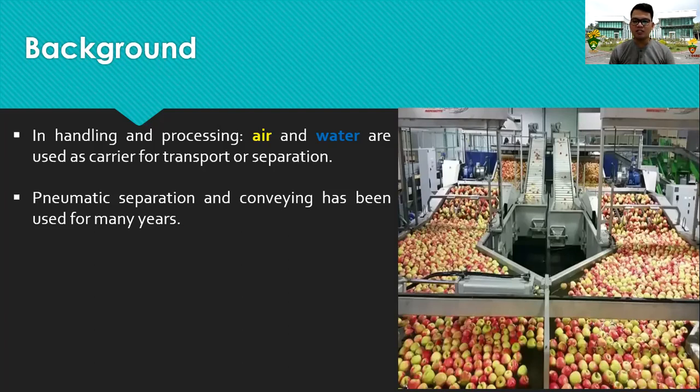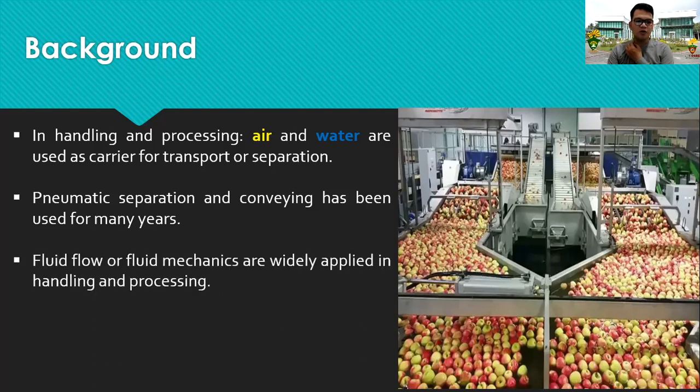After washing, they will be segregated and classified according to size or shape, and then air dried. What is applied in the air drying is heated air. So fluid flow or fluid mechanics are widely applied in handling and processing.